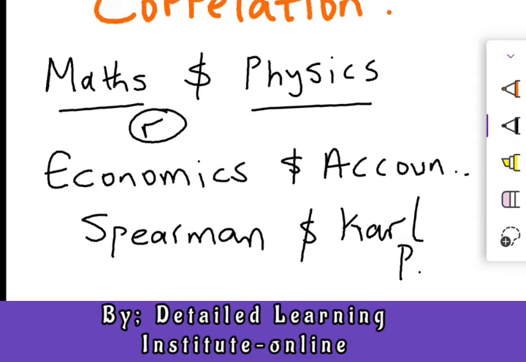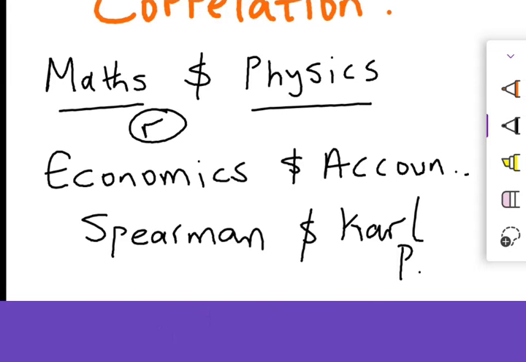So apart from Spearman's method and the Karl Pearson method, there are other methods which are not necessary for the scope of this assignment right now, and then we also have the graphical method. All right, so now we're going to move into the methods which are necessary for you to solve this question.